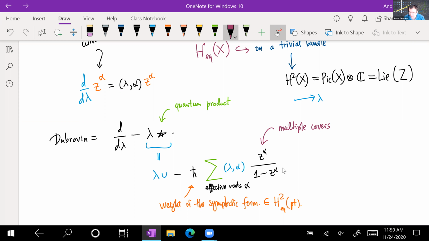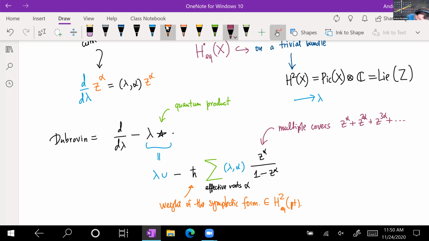Once you have a curve class, then you can cover it twice, 3 times, and so on and so forth. And for this computation, they all contribute the same. And so you have z to the alpha plus z to the 2 alpha plus z to the 3 alpha, and so on.